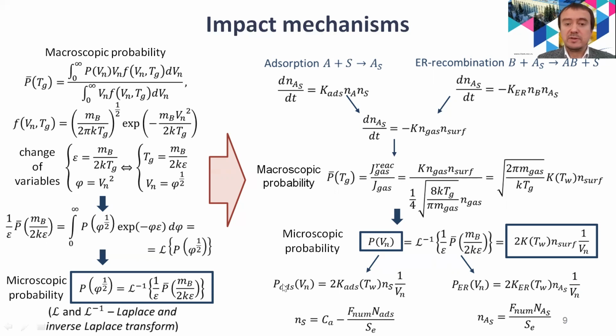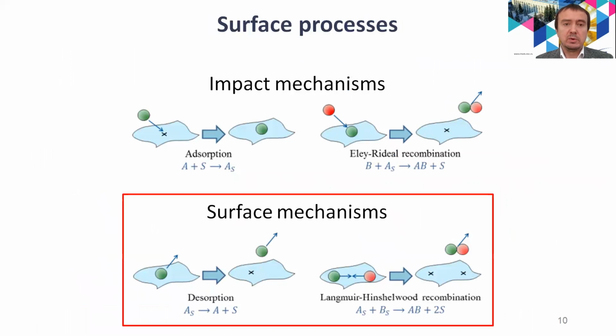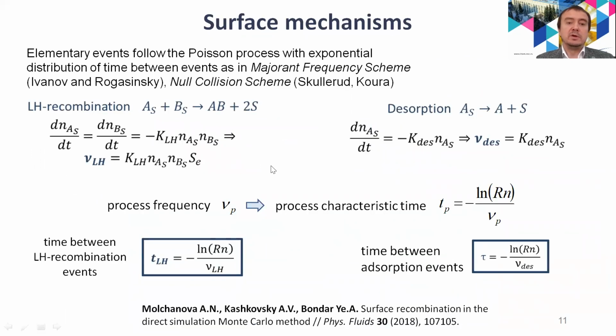So we used these microscopic probabilities then in any non-equilibrium situation after obtaining them assuming thermal equilibrium. What about surface mechanisms? So we use here some generalization of our usual DSMC schemes, which we employ for the gas phase collisions.